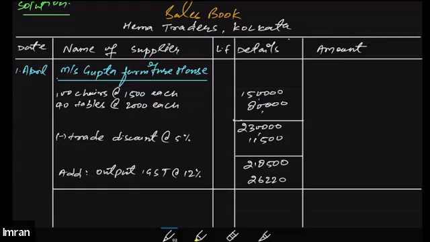And after adding this amount in 2,18,500, we will get 2,44,720.